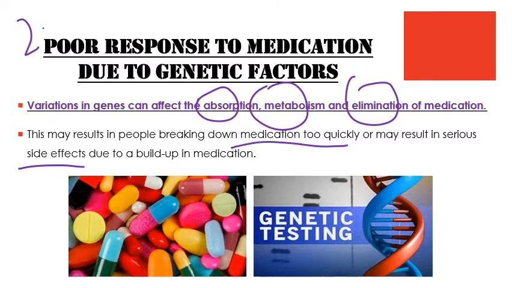Or there may be significant or undesirable side effects from the medication. The first two are the most important. So there's a build-up, and so you have your side effects, or the drug is eliminated too quickly from the body, and so you don't actually see a reduction in symptoms.